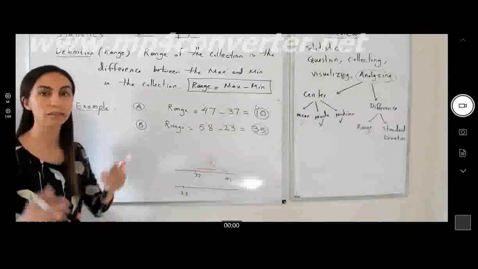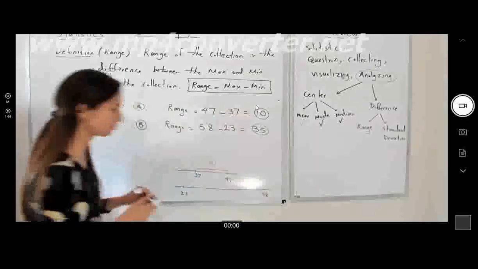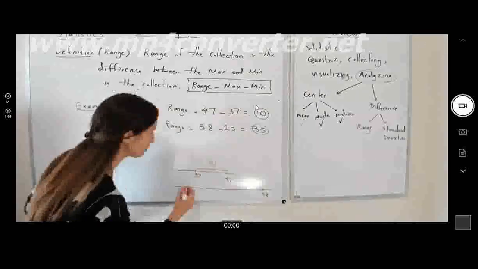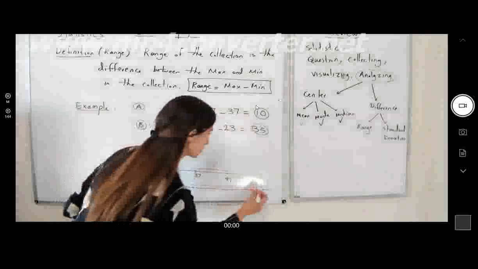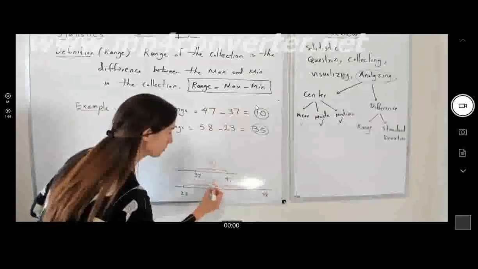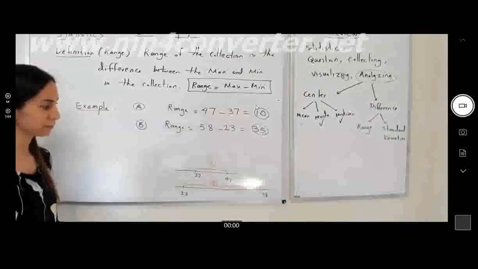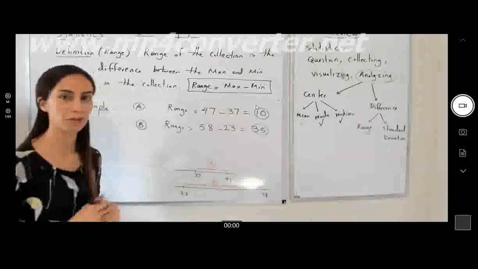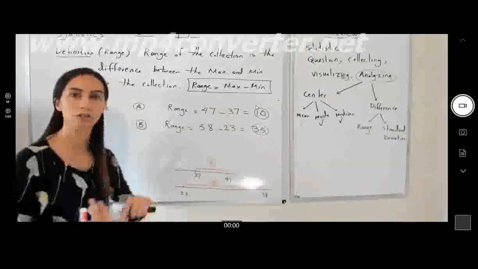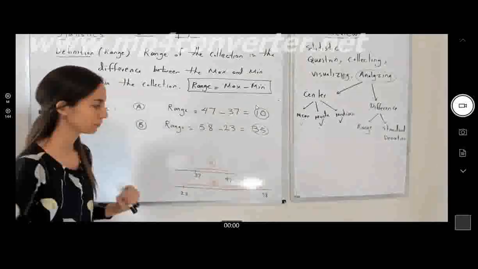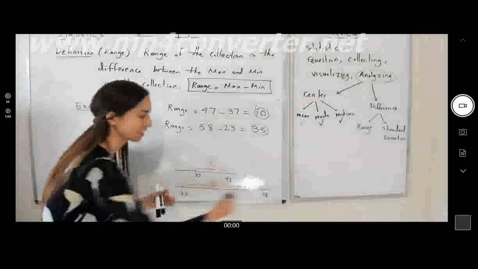And the maximum salary is 58, so it goes here. And the range, the difference between these two numbers, is here. So what's the meaning of that? It means that the first corporation is more centered around either the mean, median, or mode, but there is difference between the data in the second corporation.